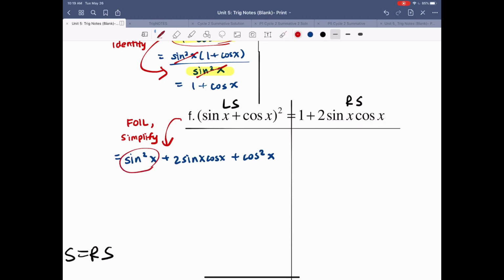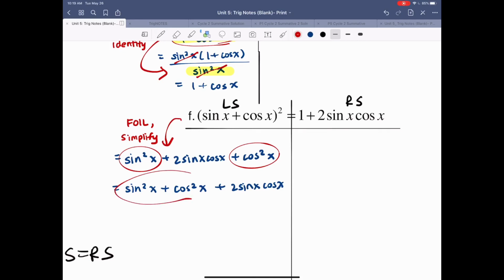So I'm going to bring these two together and collect them towards the front, and use the Pythagorean identity.